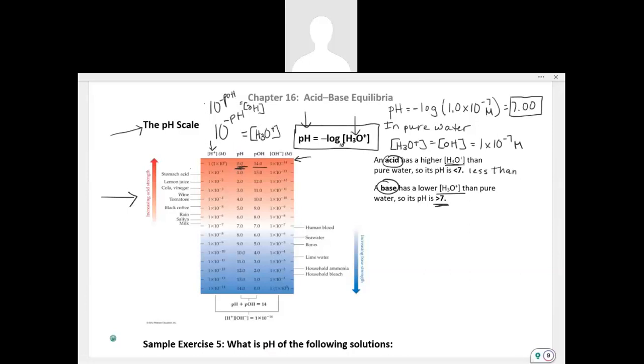So if you know one of these items on this table, you can solve for the others using the relationships given down here, where pH plus pOH will always give you 14, and the hydroxide ion concentration times the hydronium ion concentration will give you 1 times 10 to the negative 14th. We may reference this table from time to time in some of the homework questions.